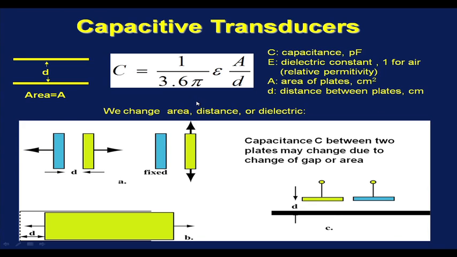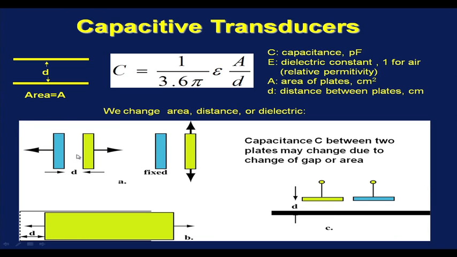Now, we can make a capacitive transducer by changing area or distance or dielectric medium. Any change in area, distance or dielectric will cause a change in the capacitance. For example, if these two plates move in these directions, the gap between these two changes.